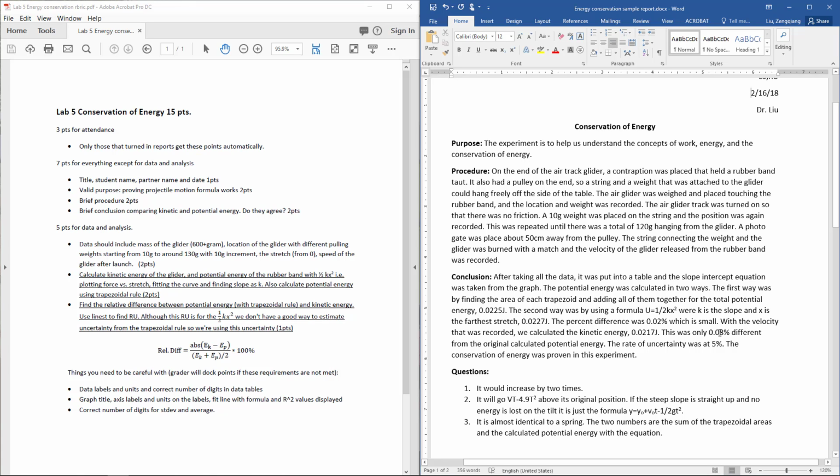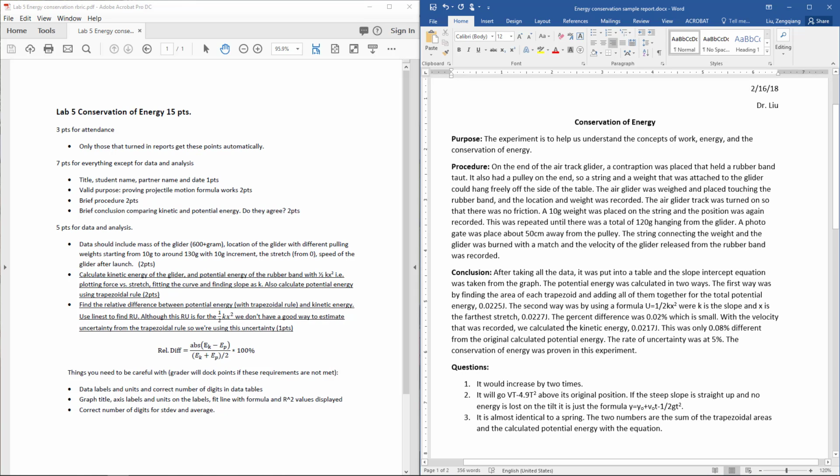So that 0.08% difference from the original calculated potential energy means less than 0.1%. I do not believe that. 217, 225, or 227, that's more than that. I can see about 5%, not that. The real uncertainty is 5%. So I get a little wary about these values, so I'll have to check their spreadsheet to see how they calculated them.